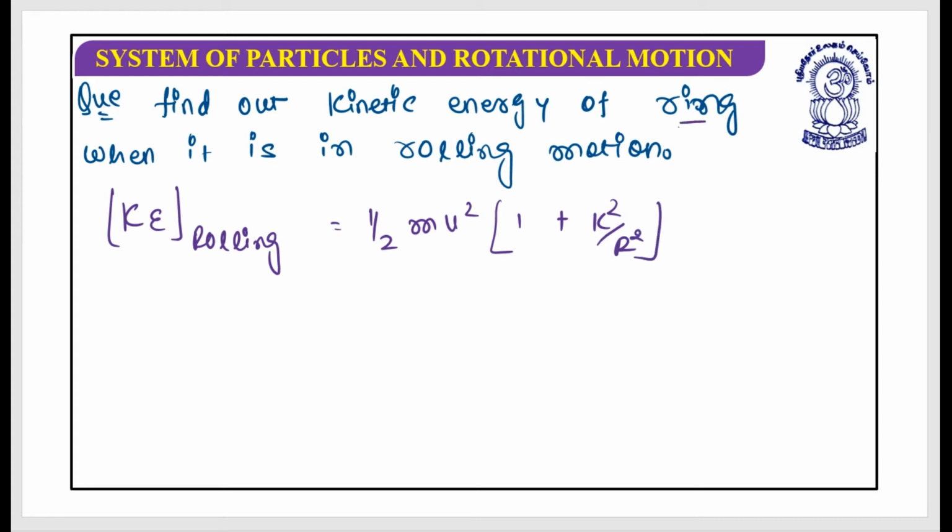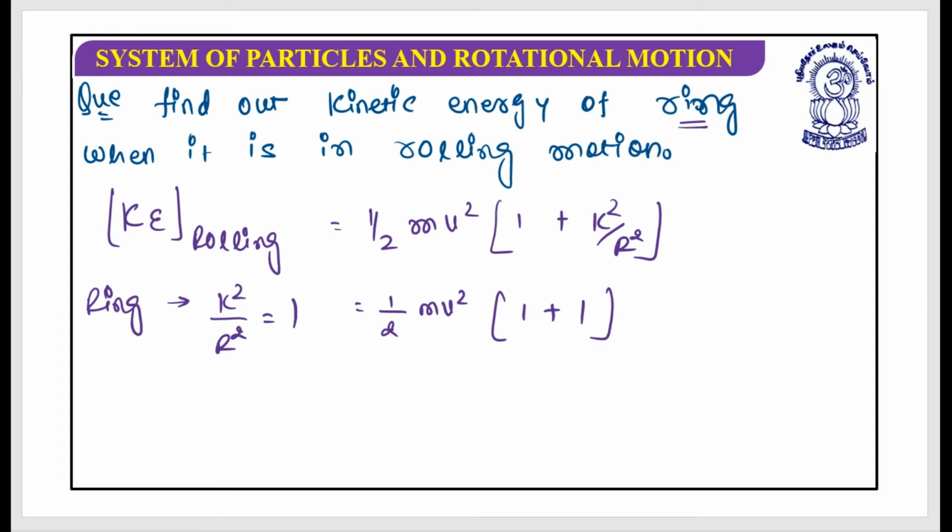This is the case of a ring. And when this is a ring, k square by r square would be equal to 1. So I can write it as half mv square into bracket 1 plus 1. So this would be equal to half mv square multiplied by 2. This 2 has gone, and this is equal to mv square. I hope this is clear.